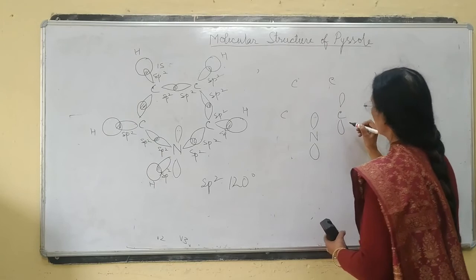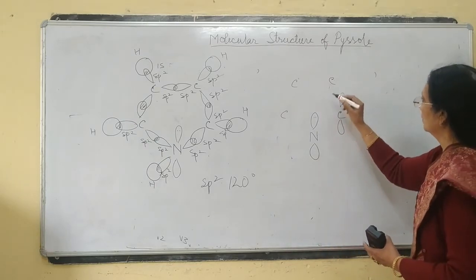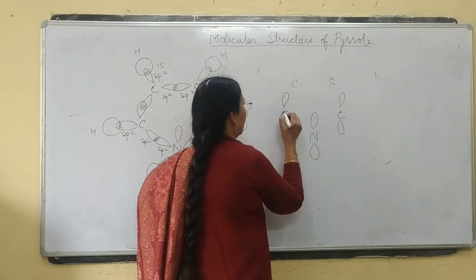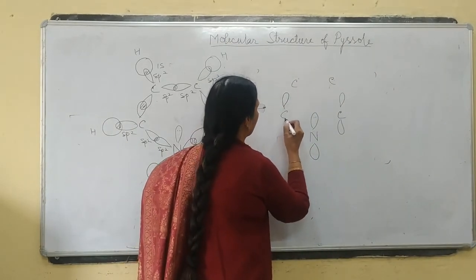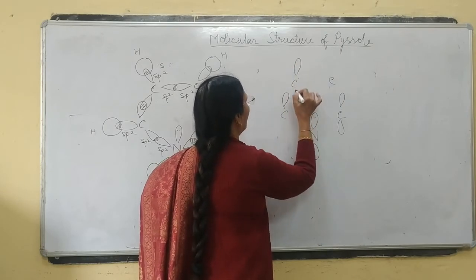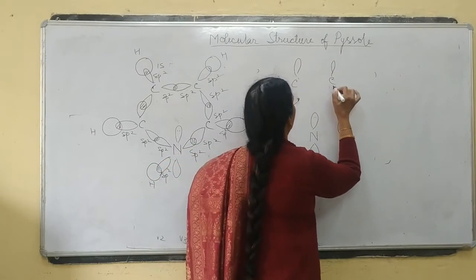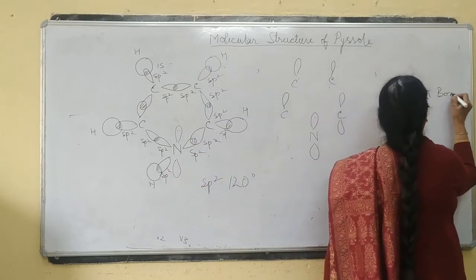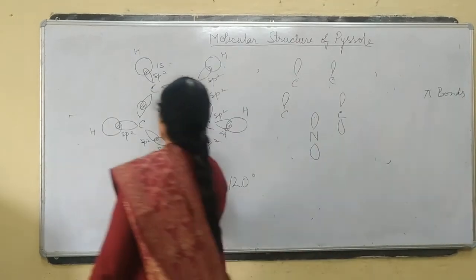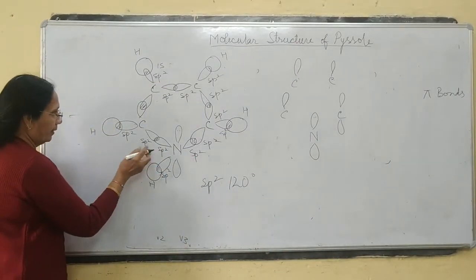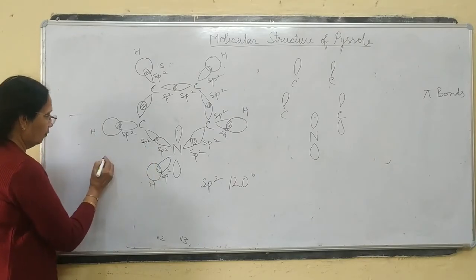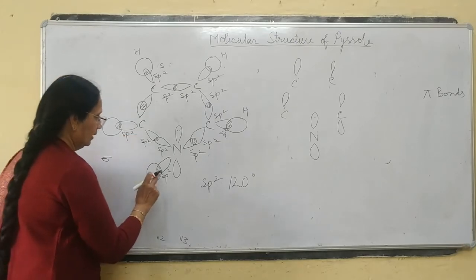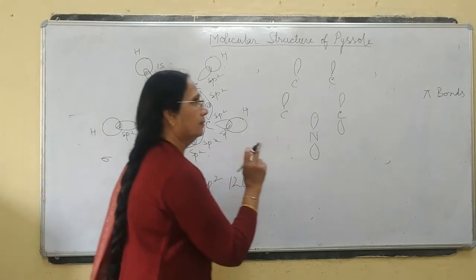If we see the pz orbitals of the carbon atoms and the nitrogen atom, we see that they overlap collaterally, forming pi bonds. Here we can see that these sp2 hybridized orbitals, by overlapping, form sigma bonds with the other carbon atom and hydrogen atom.